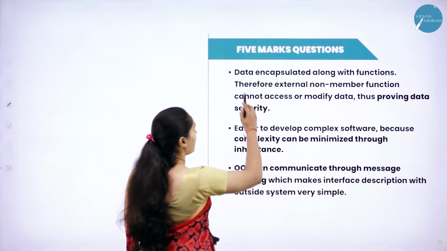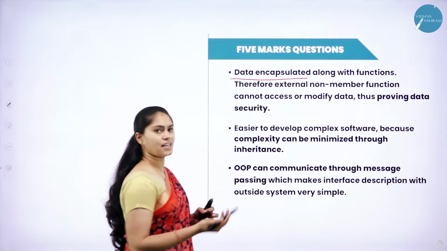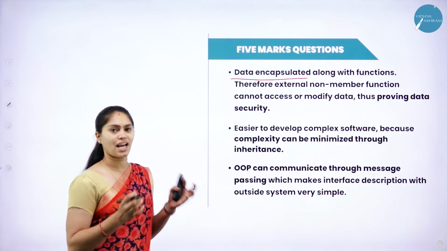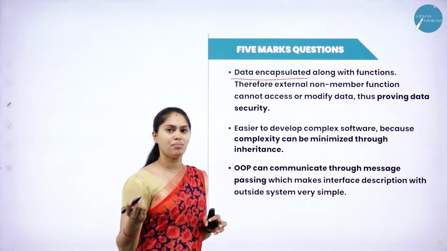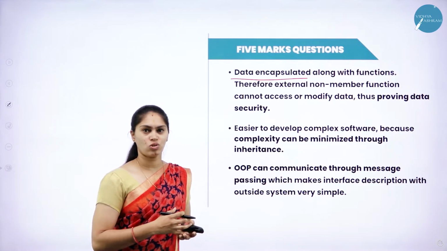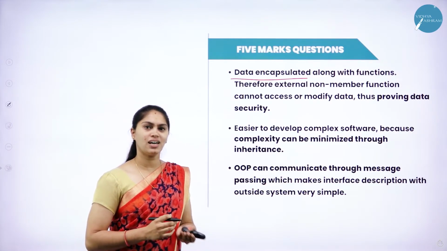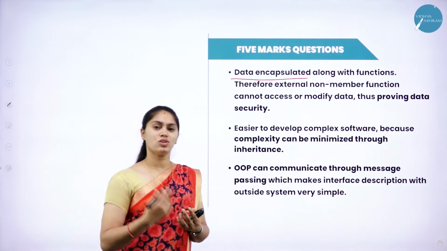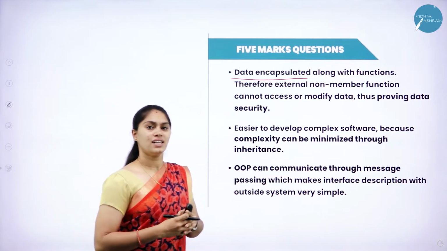And also data encapsulation. So here data and function are both encapsulated together. What it means is that a third party or non-member function cannot access that data. So that it will improve the security of your data, and it also helps in data hiding.